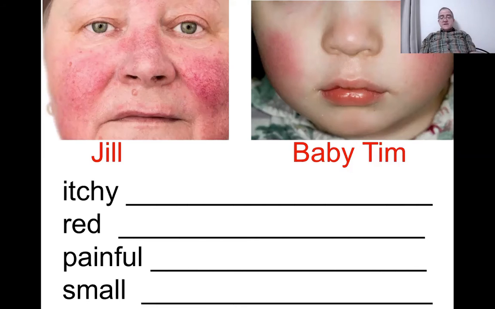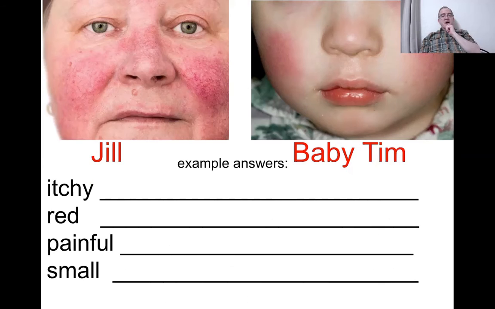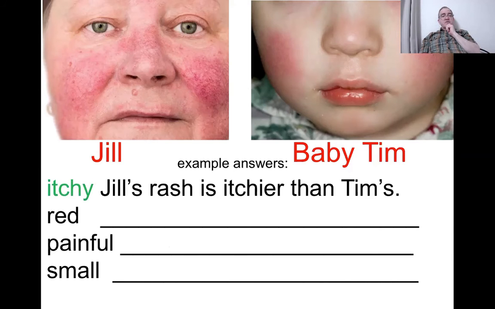Okay, let's see Danny's sentences. Here are some example answers. I hope you wrote your own sentences before seeing these answers. Remember that to really learn to communicate, you need to practice communicating from your own mind, not just copy the teacher. All right, itchy, example answers. Jill's rash is itchier than Tim's.